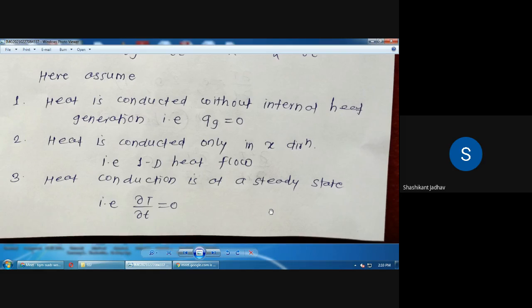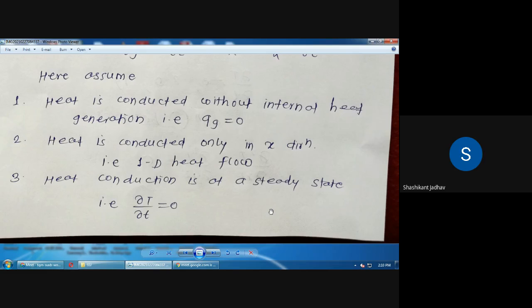Any factor with respect to time becomes zero. In the general heat conduction equation, the factor with respect to time is dou T by dou t, so that factor becomes zero. Write down that dou T by dou t is equal to zero. So these are the assumptions.